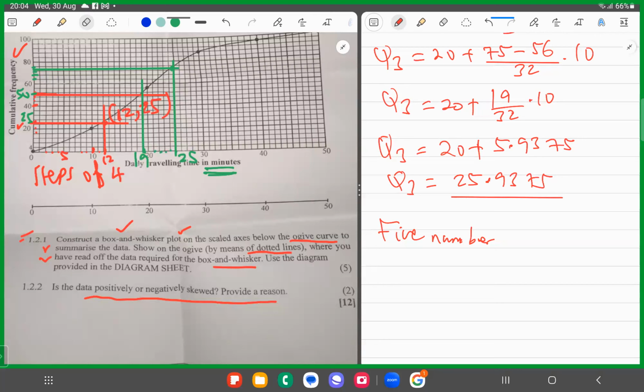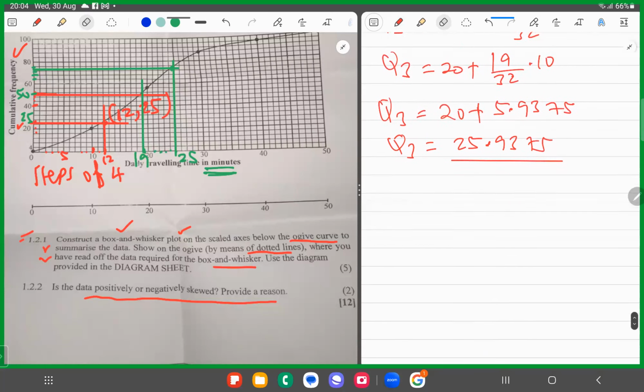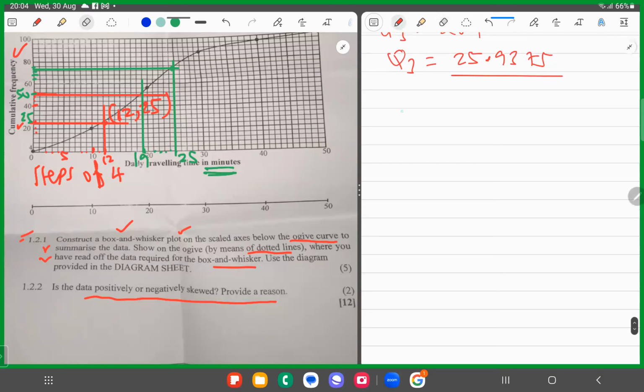Right, but before I state the 5-number summary, I want to speak about something called the class length, and the meanings of the symbols in the formulae.